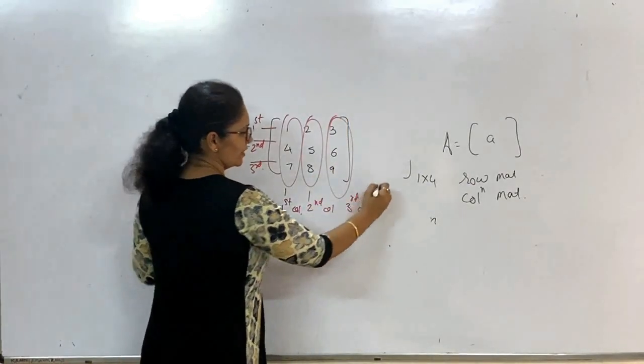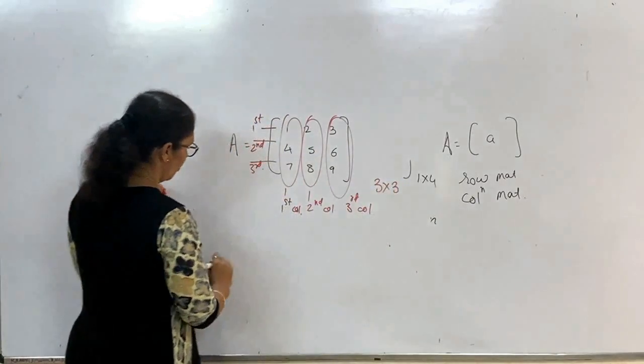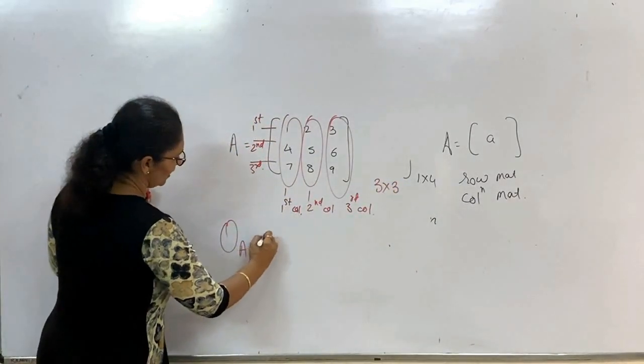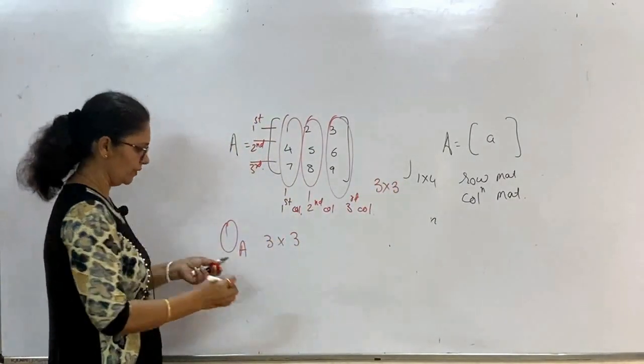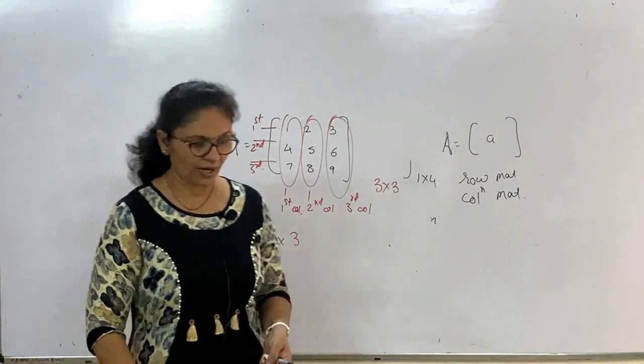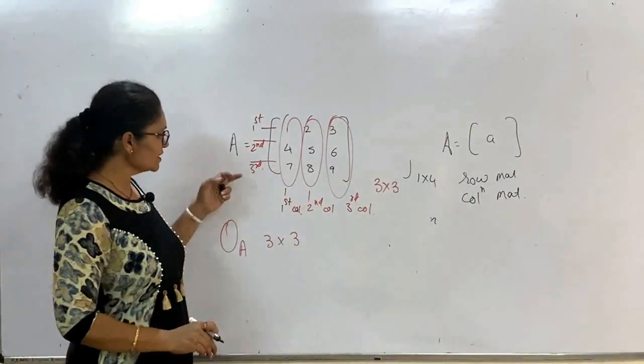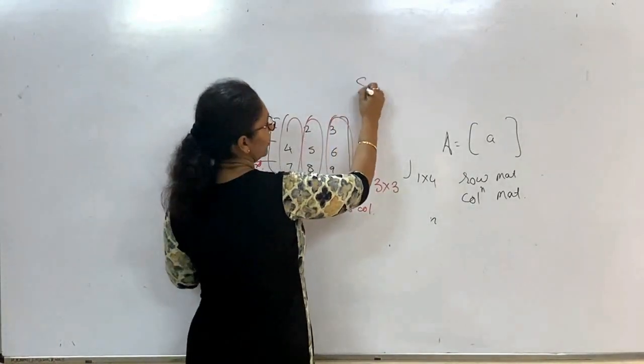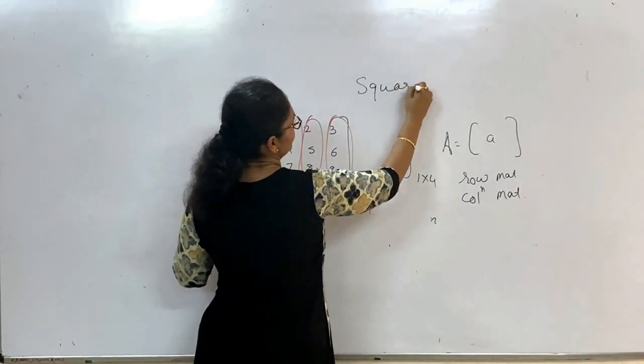So this matrix is 3 by 3. What is the order of matrix A? That is 3 by 3. So when the number of rows and columns is the same, this matrix is called a square matrix.